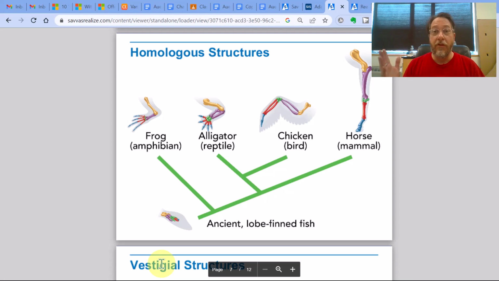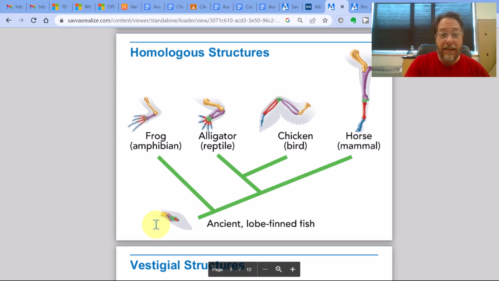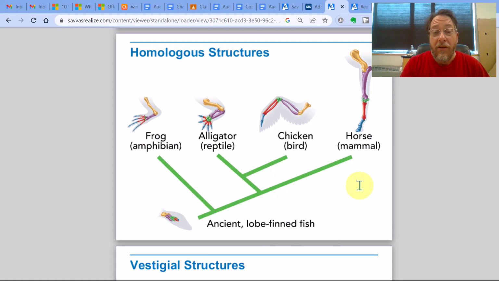Those of you that were not here in class today will remember that last week we talked about evidence for evolution that is telling us about common ancestry. And just really quickly, since this is the screen I started out on, we talked about how bone structure between various species can show that they have a common ancestor in this ancient lobe-finned fish, because we see the same skeletal structures across almost all four-limbed animals, including ourselves.